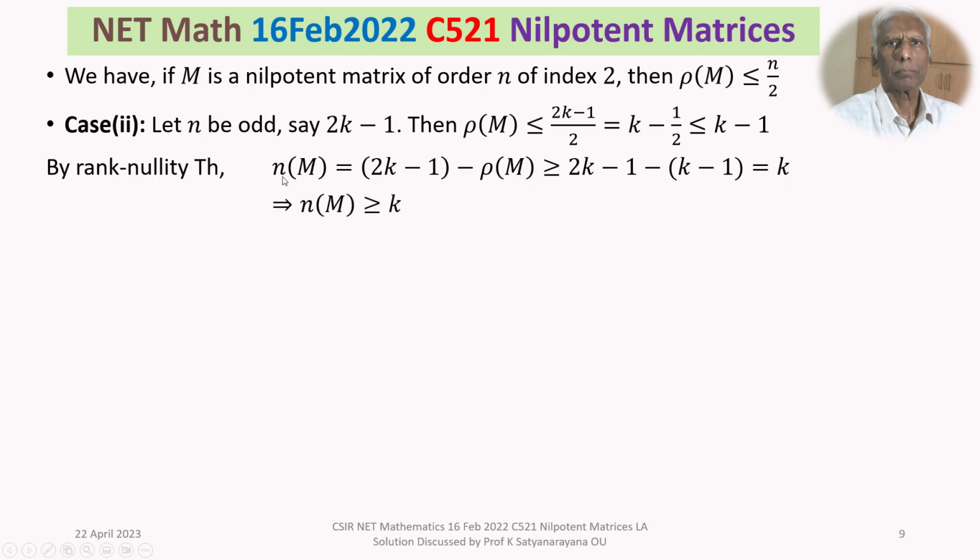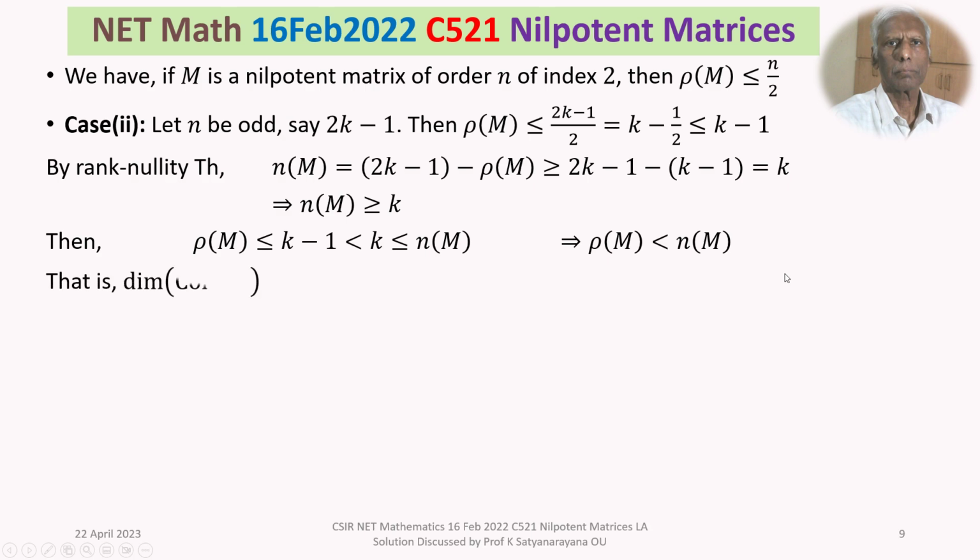Thus we have proved the nullity of M is greater than or equal to k. Now, the rank of M is less than or equal to k minus 1. But k minus 1 is strictly less than k, and k is less than or equal to the nullity of M. Combining these two, we get the rank of M is strictly less than nullity of M. That's what we have proved.